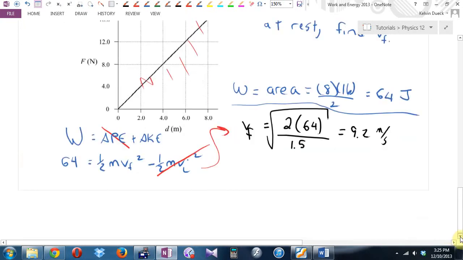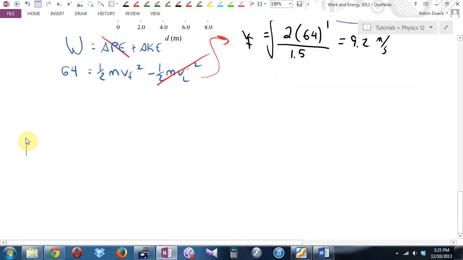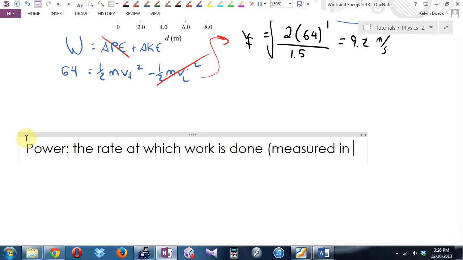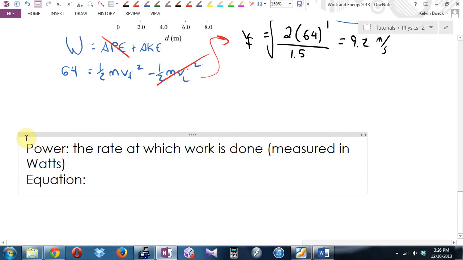We've done power. We said that power was what? It's the rate at which work is done. Measured in what? Oh, yeah, watts. Okay. Power, scalar or vector? How do you know? Because what was the equation for power? Hey, I think I can enter that.